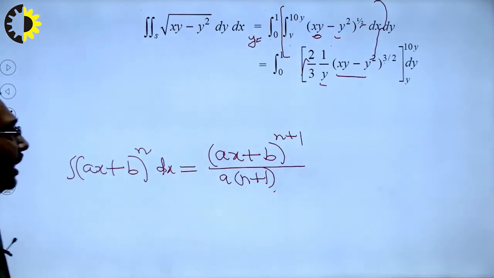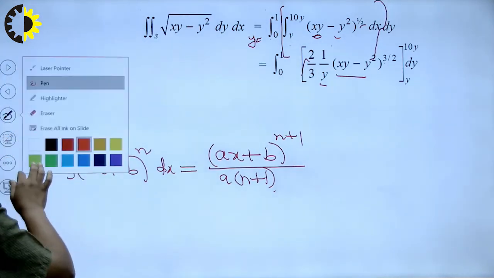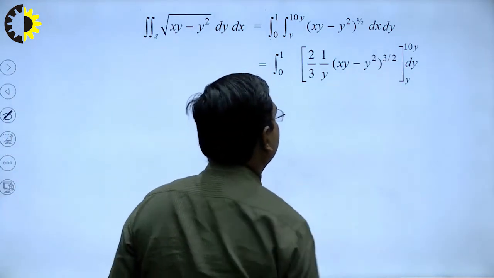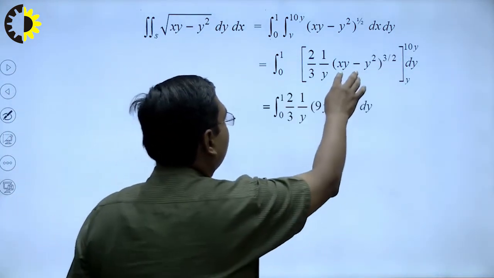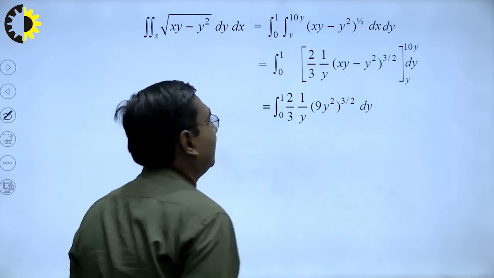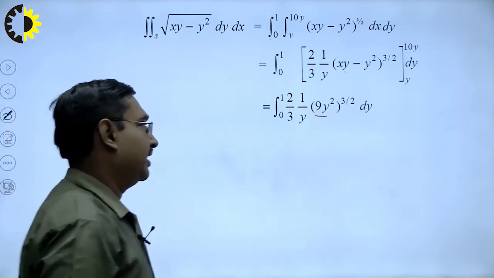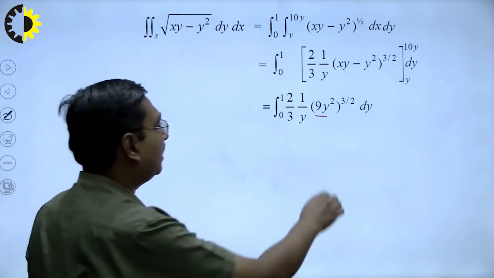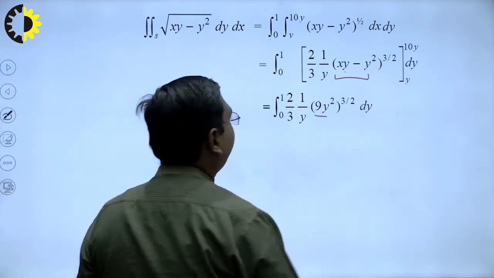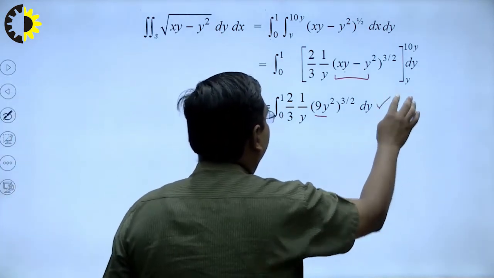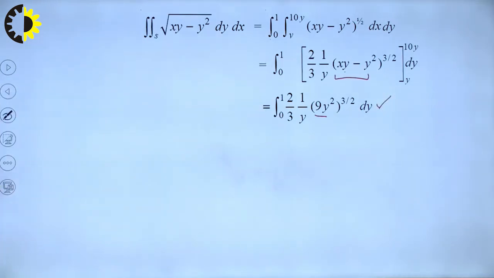Now, I apply the limits. Applying these limits, I obtain x equal to 10y, that is 10y square, minus y square, that will be 9y square. Substituting x equal to y, it will be 0 minus 0, that is 0, and I am left with this simple definite integral.